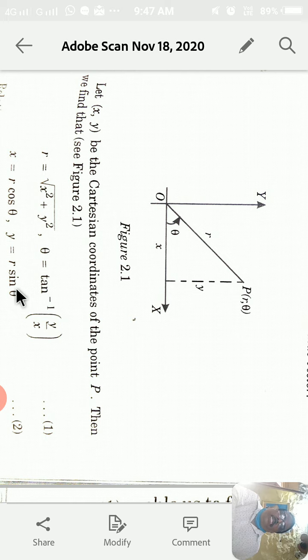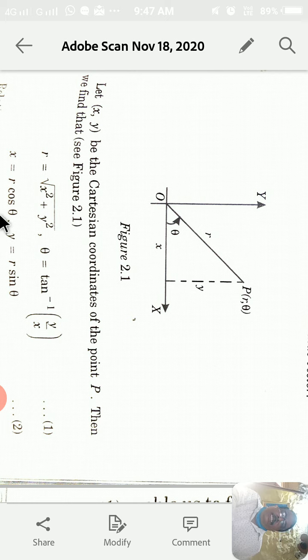These are the transformation coordinates. They are used to convert into polar coordinates when Cartesian coordinates are given. If we want to convert Cartesian coordinates into polar form, these equations will help.